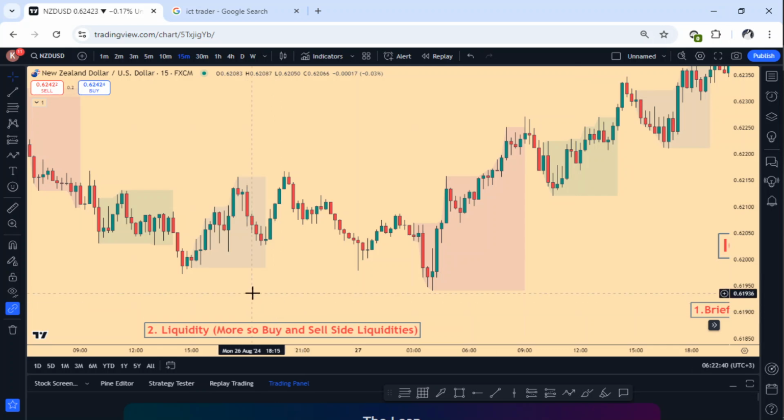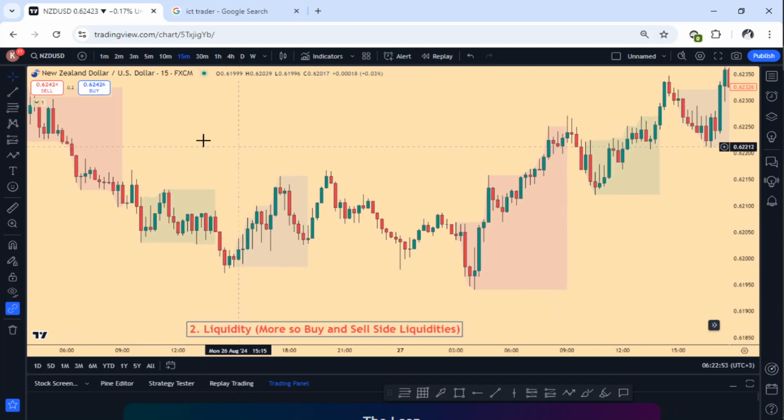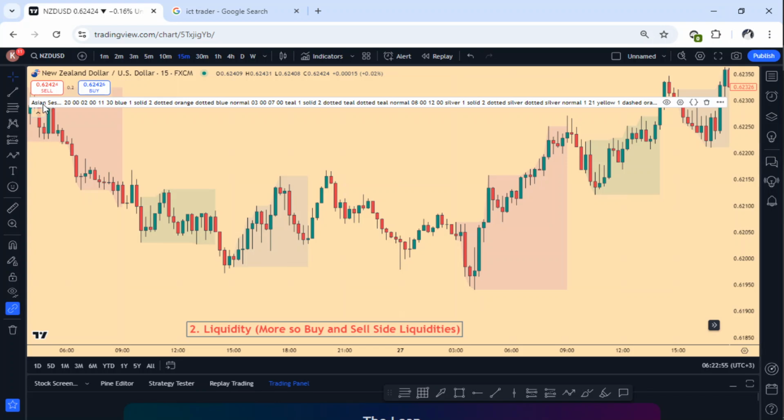Now, the commonly used liquidity pool in ICT is called Asian high and low, or session liquidity. For example, this is an NZD pair. Let me just use this example. There's an indicator here called Asian session indicator. You can just look for it. It is free.